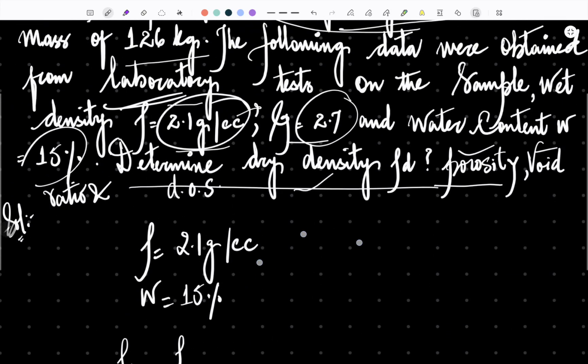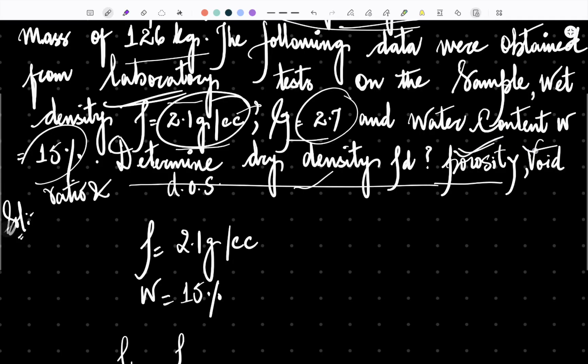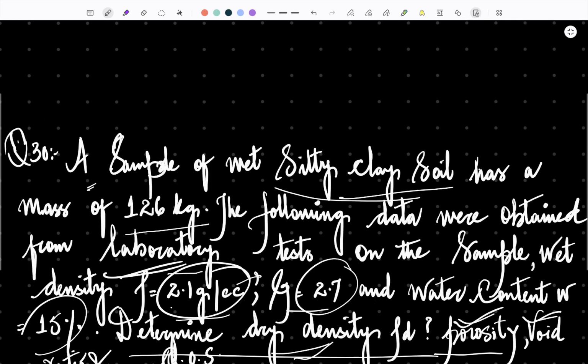Also done. Porosity is done, void ratio is done, dry density is done. The already calculated factor was the bulk density, which was obtained from the laboratory tests conducted on this wet silty clay sample of soil whose mass is 126 kilograms.